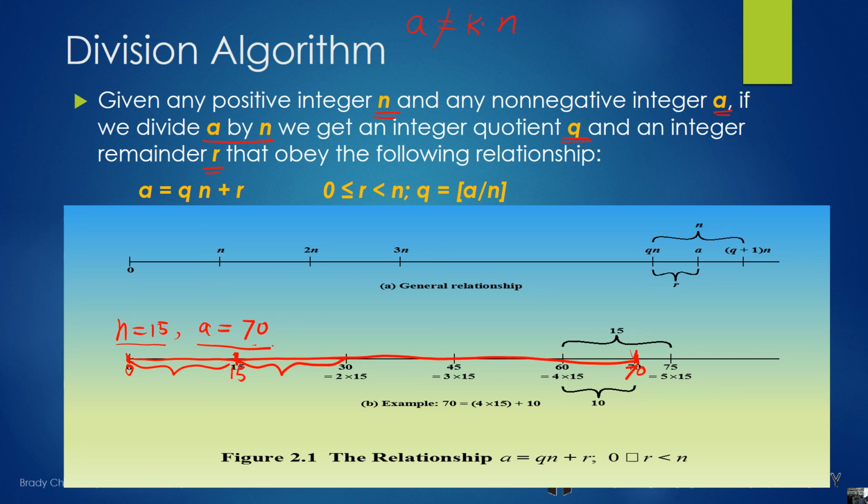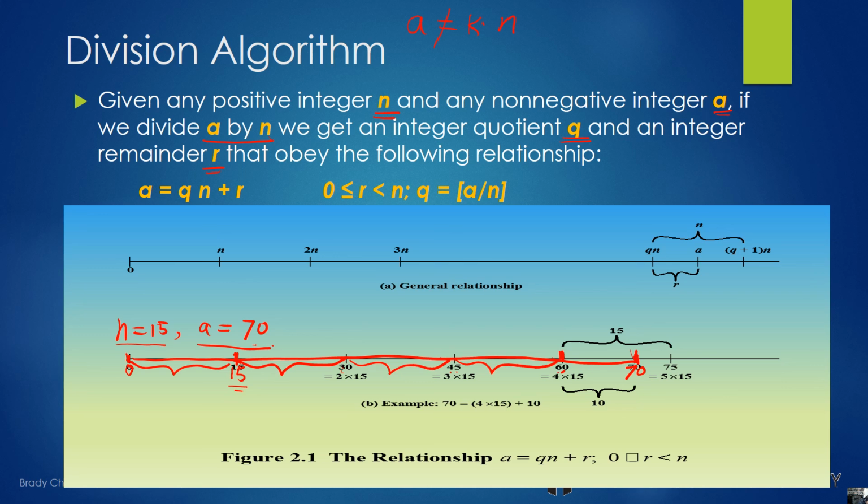That's one section. Then let's cut another piece of 15. Starting from 15, we end at 30, right? Let's cut another piece of 15, so from 30 we end at 45. Let's cut another length of 15, so from 45 to 60. Now we're at 60, right?